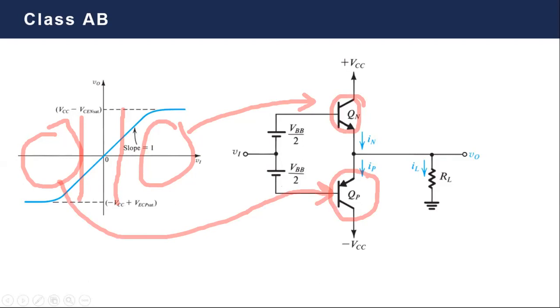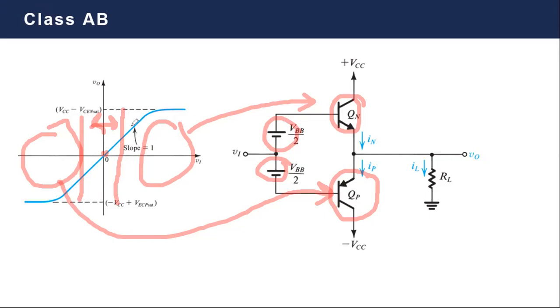However, in the region in between, where in class B you have a dead band, now your 2 transistors are working in this region simply due to this added battery. So what will happen is, at the central point, the origin, both transistors will have the same contribution to the current.